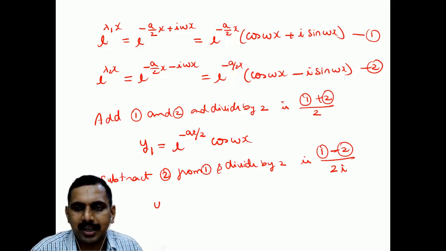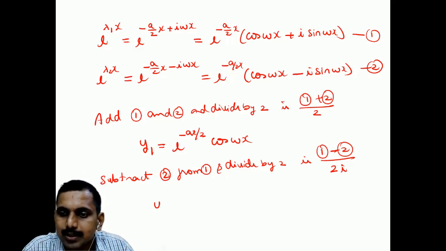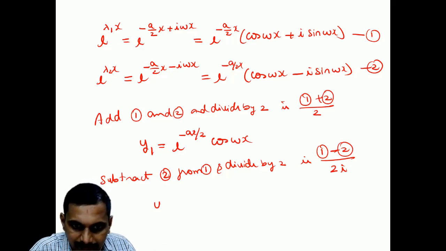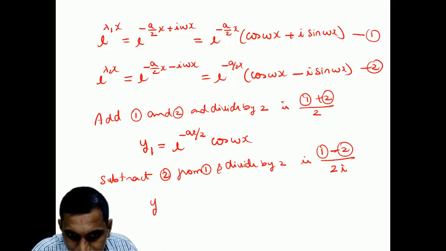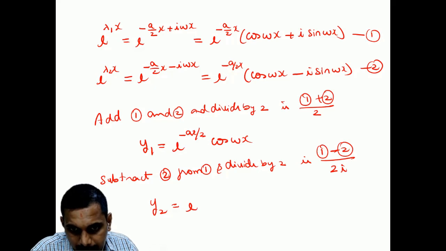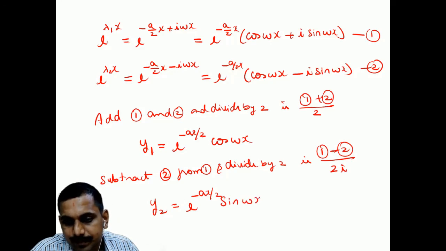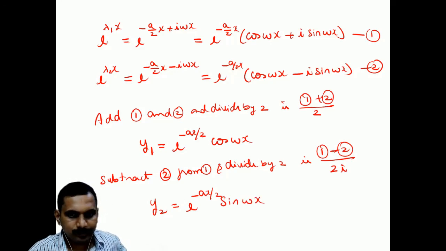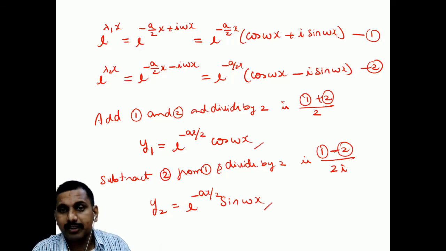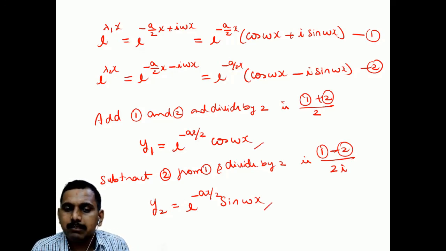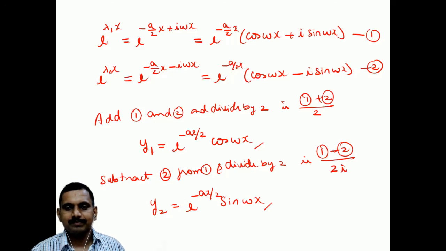You can divide by a number also, correct? So if I divide by 2i, I will get y2 equal to e power minus ax by 2 into sine omega x. So we got two solutions of the differential equation, which are linearly independent. So these form the basis. Simple. Easy.